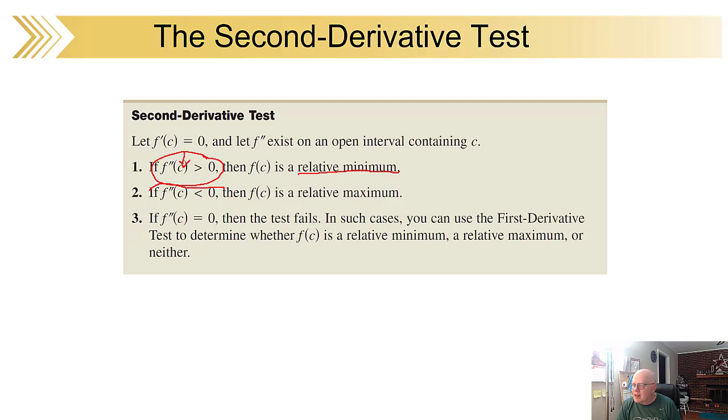If that second derivative is negative, that means it's open downward, it's a relative maximum. And the bad news is if your second derivative at that critical point is 0, the test fails.